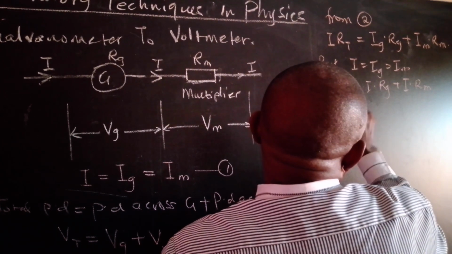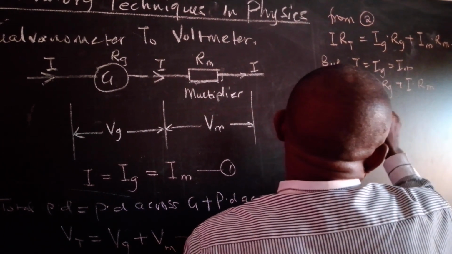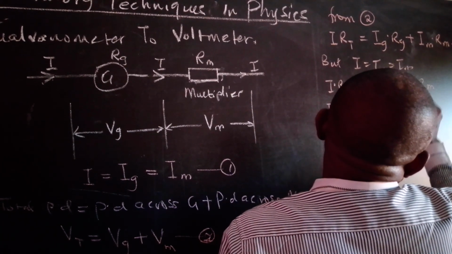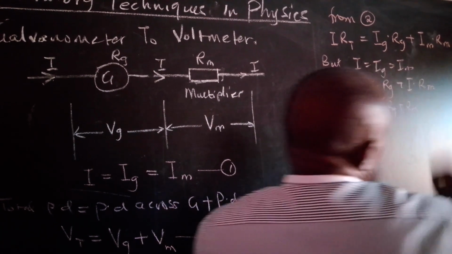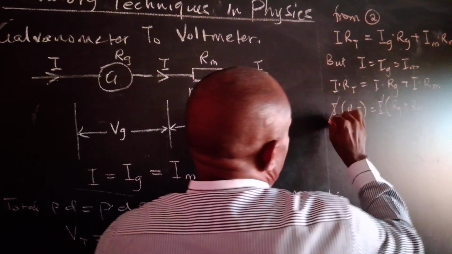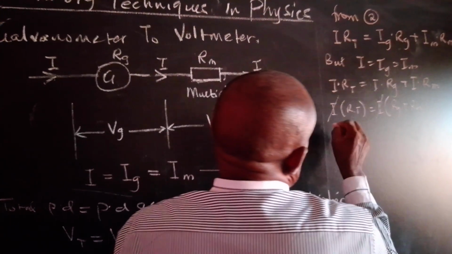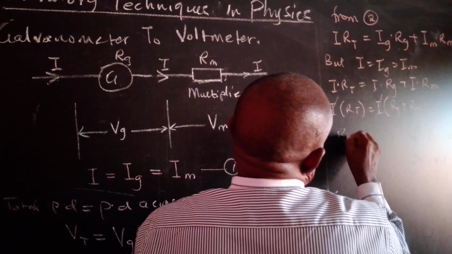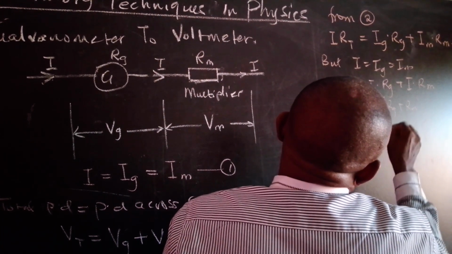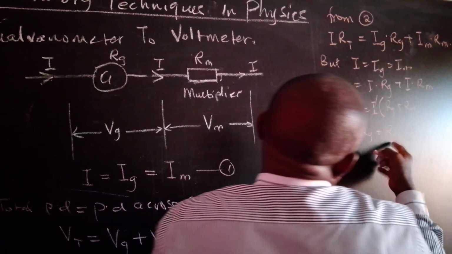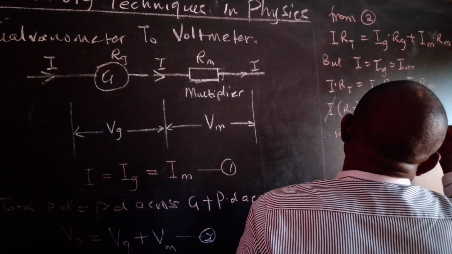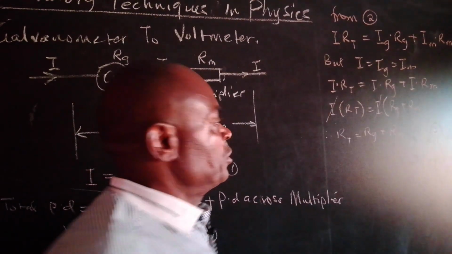So current times total resistance is equal to current into the resistance of galvanometer plus the resistance of multiplier. Now, when we have an equation like this, we take out that current. And we now say, therefore, the total resistance is equal to the resistance of galvanometer plus the resistance of the multiplier. So this equation for us is equation 3.